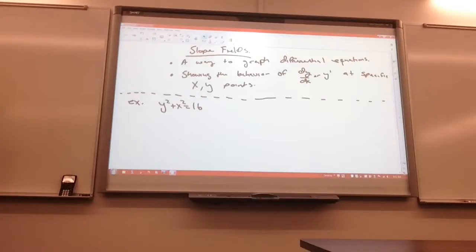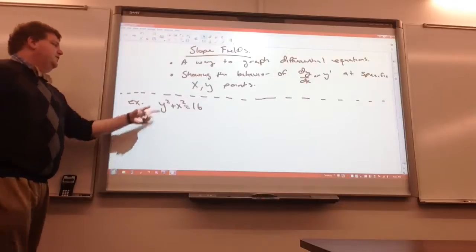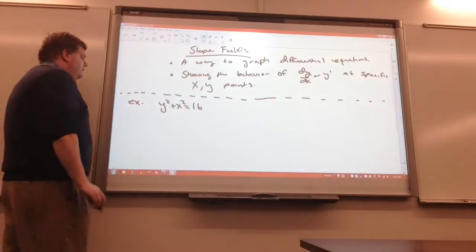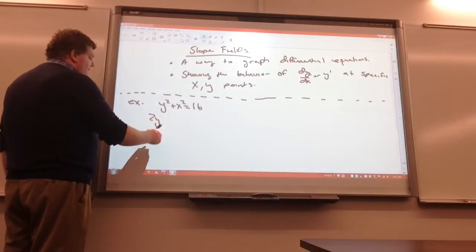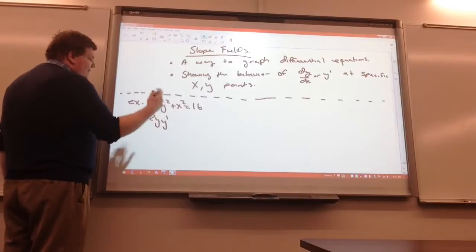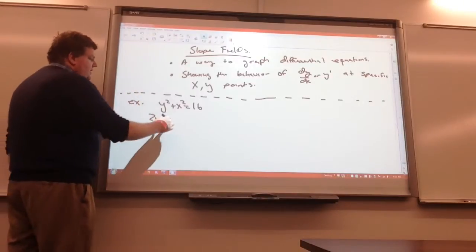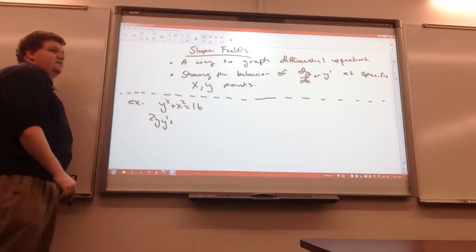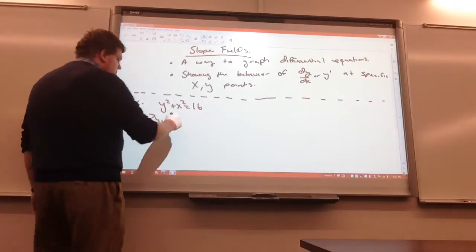Okay? So the first thing I'm going to do is take the derivative of this. I have to do it implicitly. So what's the derivative of y squared? 2y prime, or dy by dx, doesn't matter which one you use. Plus the derivative of x squared is 2x.